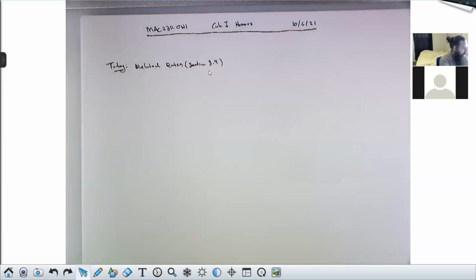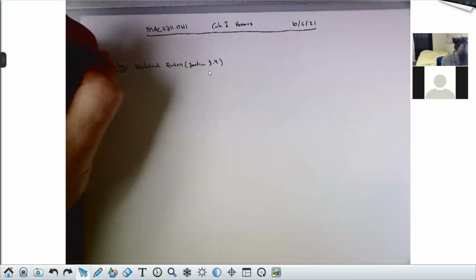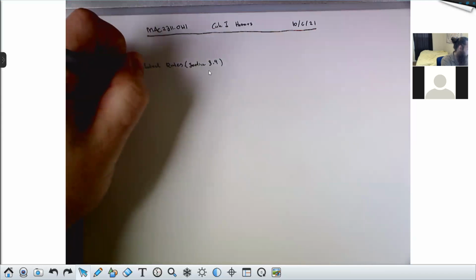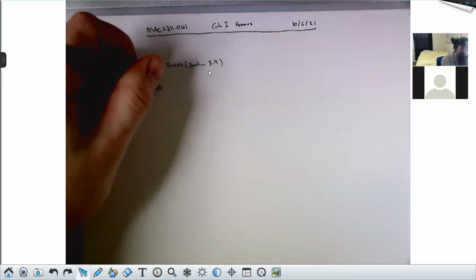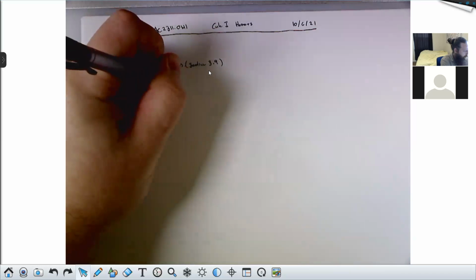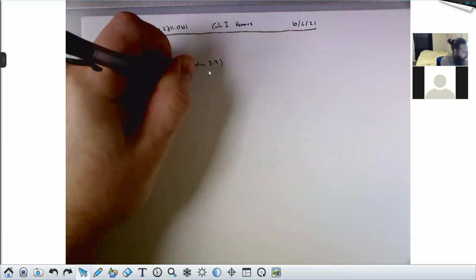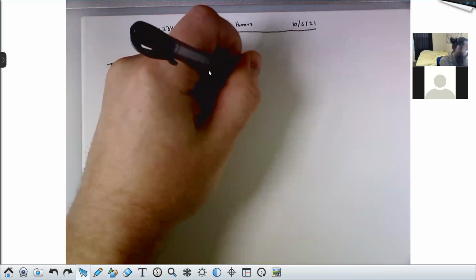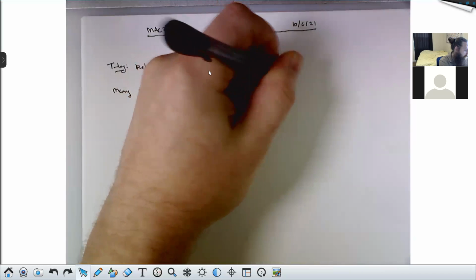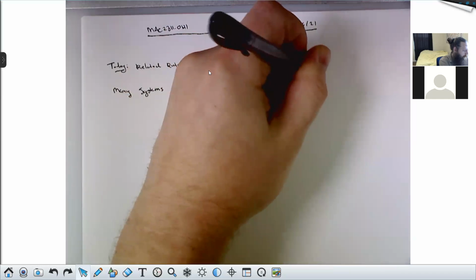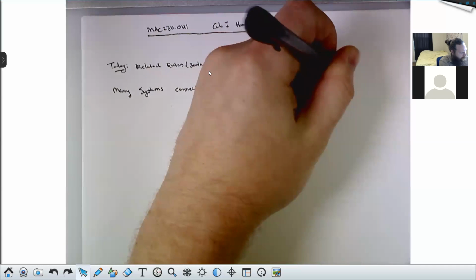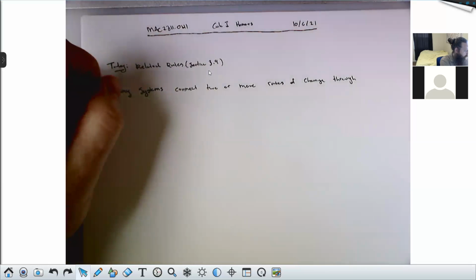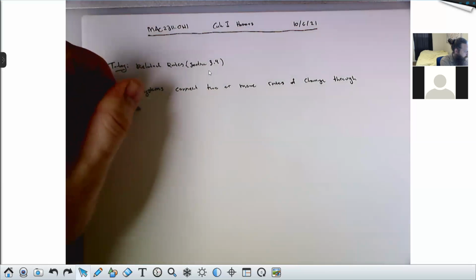So how do we want to introduce this? What we'll be looking at here are, let's say, many systems that connect two or more rates of change through geometry, right?